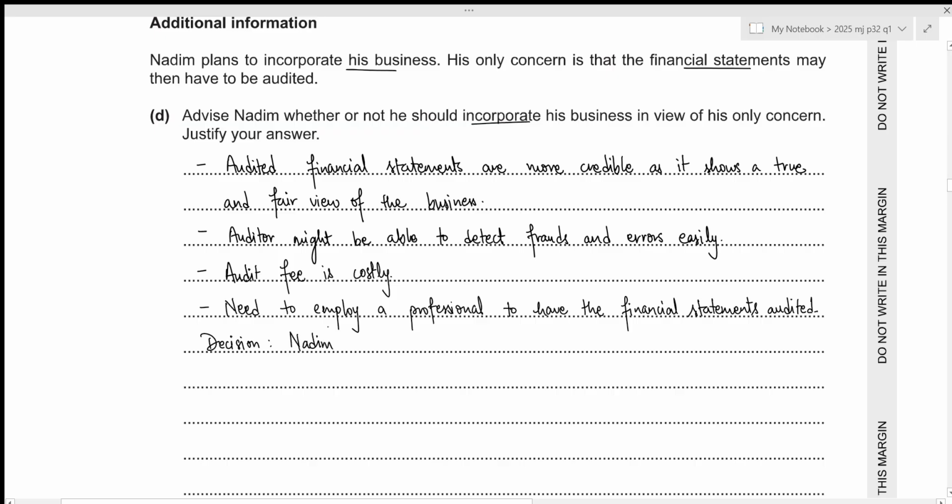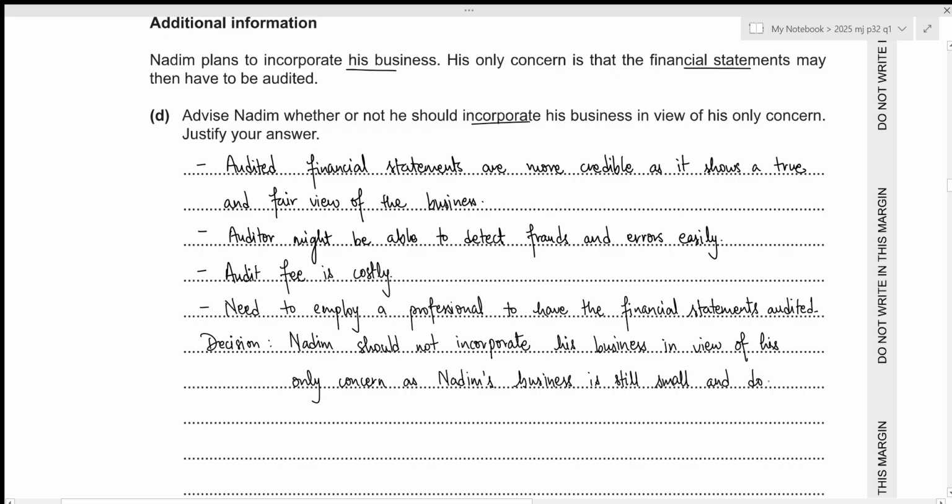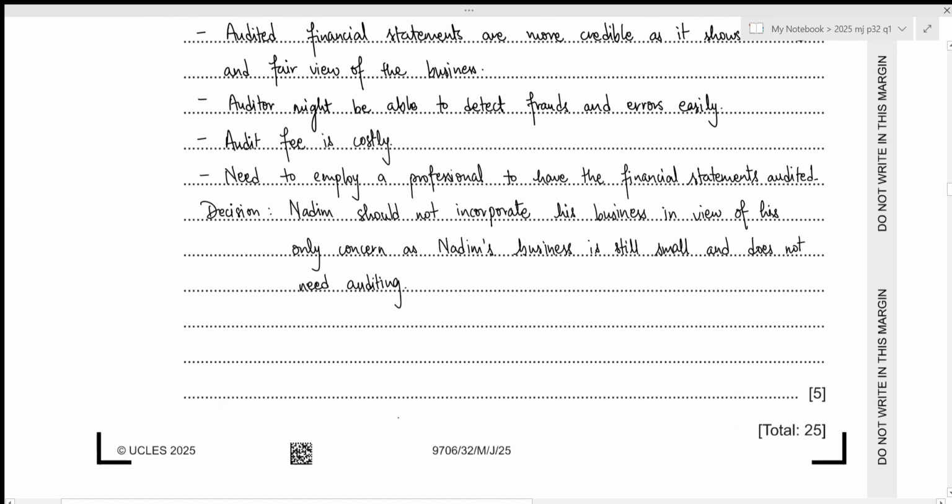Nadim should not incorporate his business in view of his only concern as Nadim's business is still small and does not need auditing. Alright, that is all for the fourth part as well as the entire question.